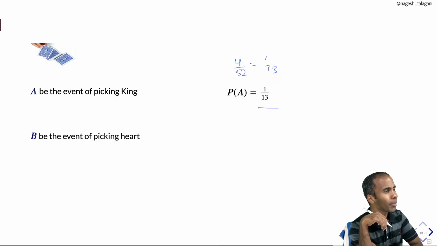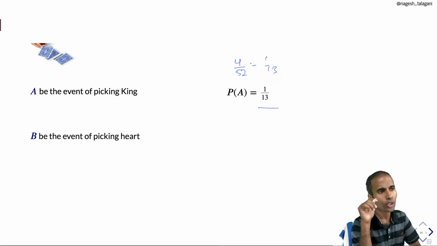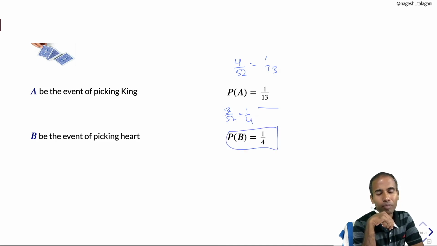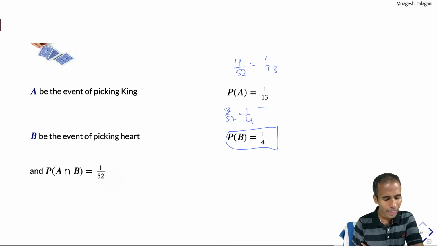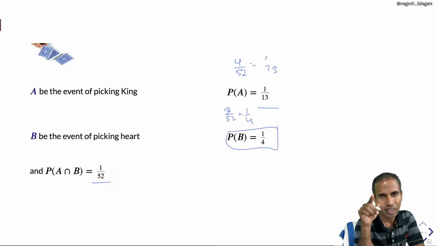Now let B be the event of picking a heart. There are 13 hearts, right? So the probability of B is 13 by 52, which is 1 by 4. Now the probability of A intersection B will be 1 by 52, because there is only one king of hearts, right? So that's why 1 by 52 is the probability of A intersection B.